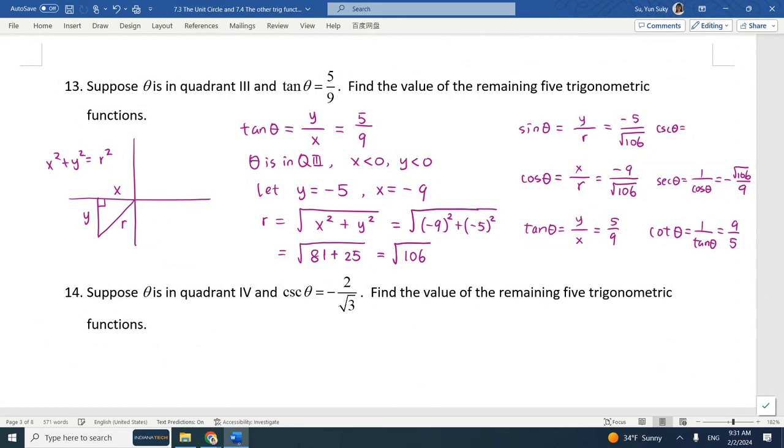Cosecant theta, which is 1 over sine theta, which is, yeah, the square root of 106 over -5. Okay, everybody? All right, now you do number 14. Draw the points and figure out your y.